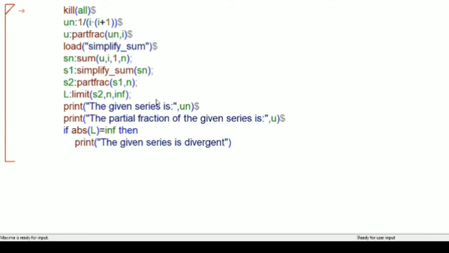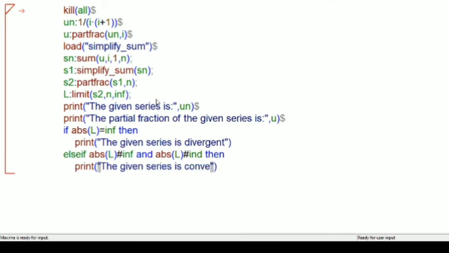There are three options, so let me use else if. What was your command? Else if the absolute value of L is not equal to infinity and the absolute value of L is not equal to indeterminate, then yes, we have to print the given series is convergent.